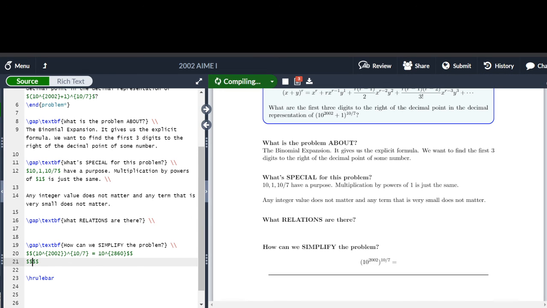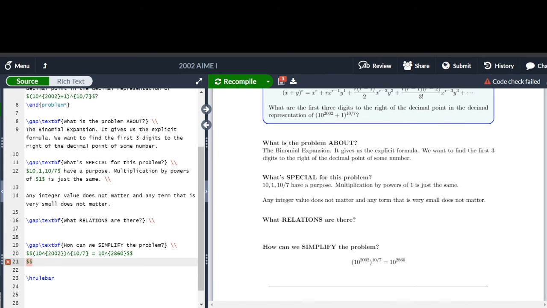The second term is r x to the r minus 1. Once again, y doesn't matter because y is 1. And this is 10 over 7 times 10 to the power of, well, r minus 1 will be 3 over 7, so that will be 286 times 3, which I'm not going to bother evaluating.